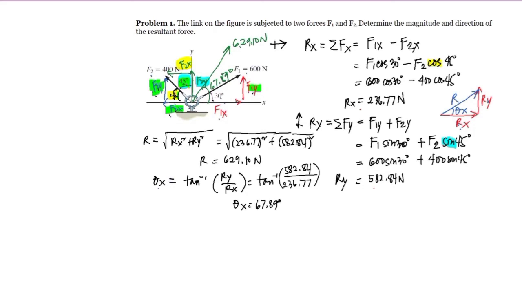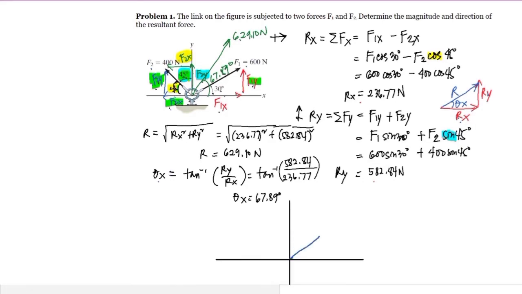So, for this, we have two forces involved here. We have the force 1, which is 600 Newton with a direction of 30 degrees from the positive x-axis standard. So we can say that our force 1 is 600 Newton at 30 degrees direction.